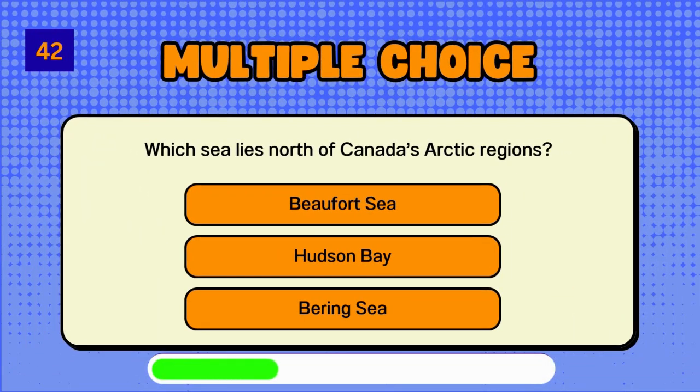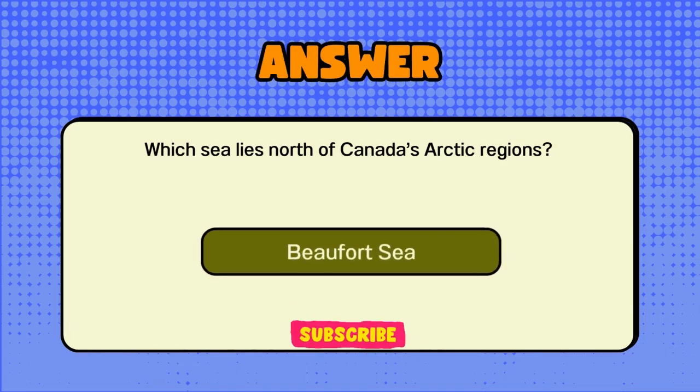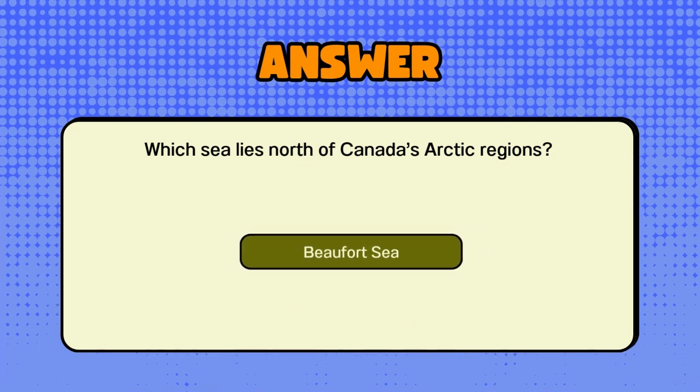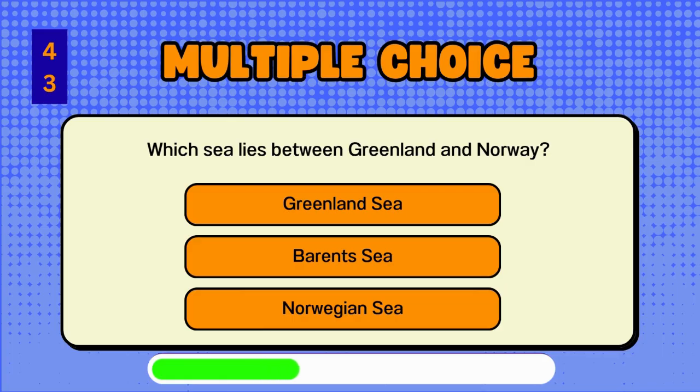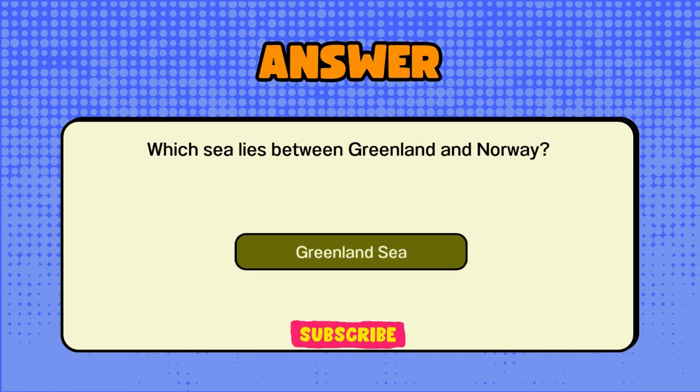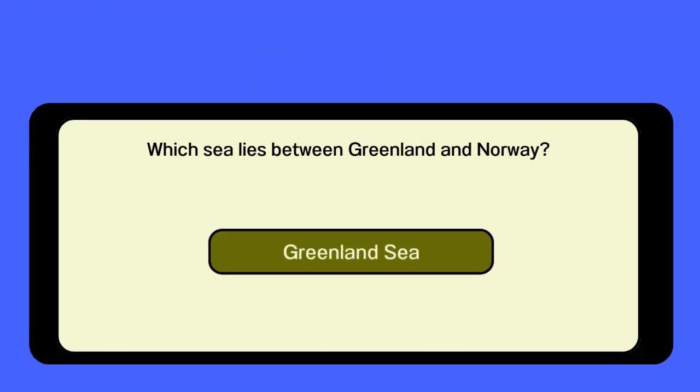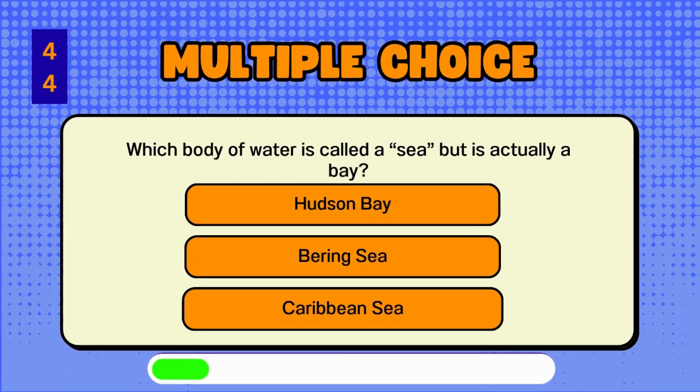Which sea lies north of Canada's Arctic regions? Which sea lies between Greenland and Norway? Which body of water is called a sea, but is actually a bay?